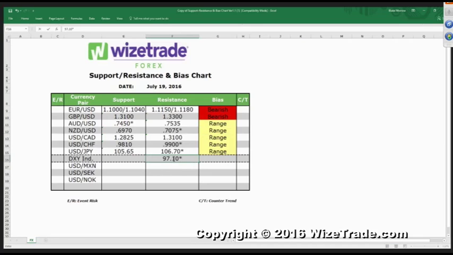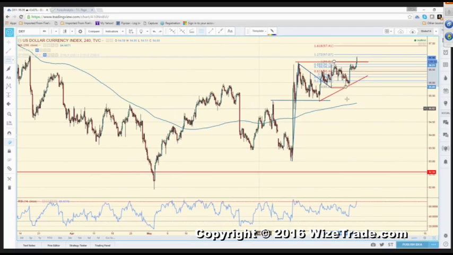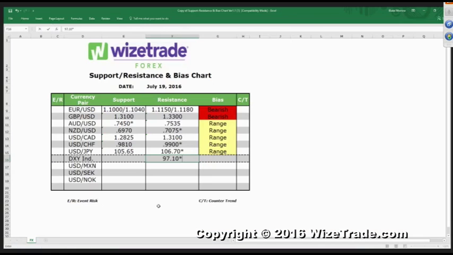That's resistance for the dollar index. Support would be 96.80, because that was the breakout point, and it has now turned bullish.